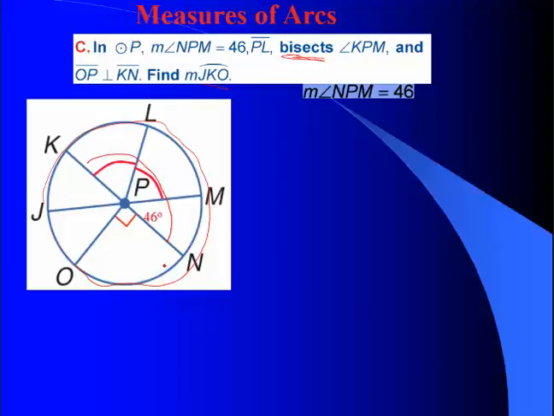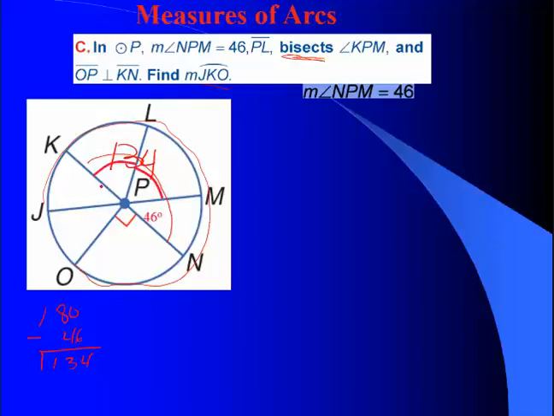Right, I could do that. Figure out what these are. So I'd have 180 minus 46 equals 134. Divide that by 2. Well, it doesn't really matter. We'll just put 134 in there.